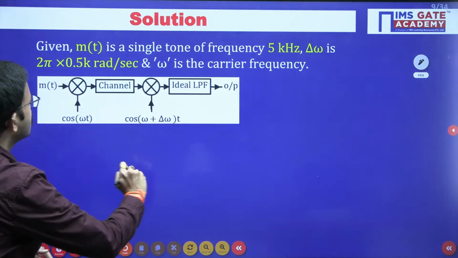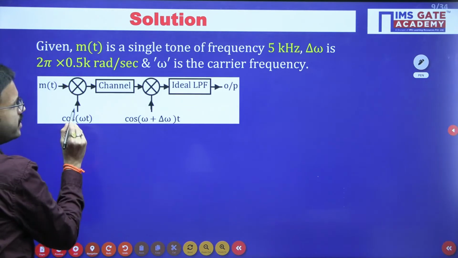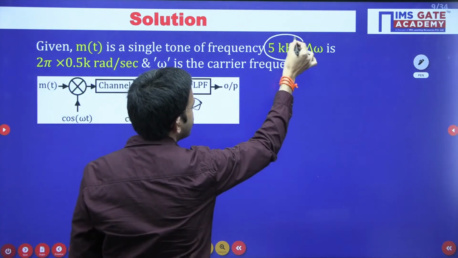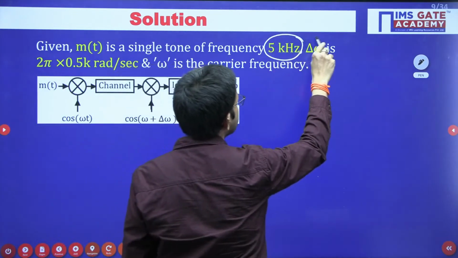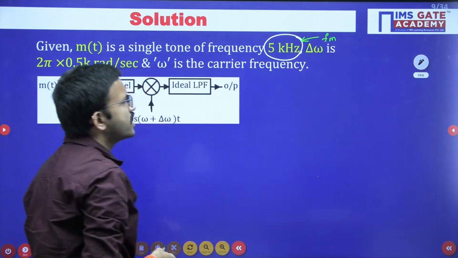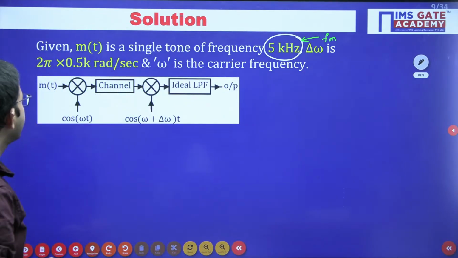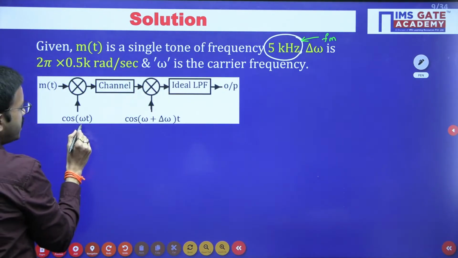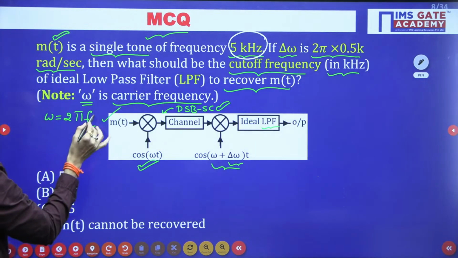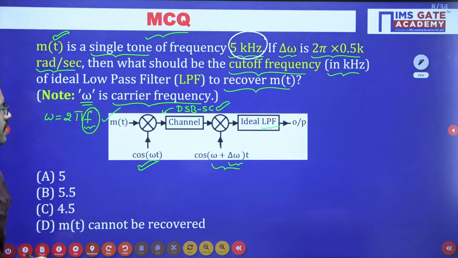Regarding the message signal, we are having the frequency 5 kHz. So this is nothing but f suffix m, the message signal frequency. And here cos omega t. Regarding this we already mentioned omega is nothing but 2 pi f. So that means the carrier frequency we are having is f.